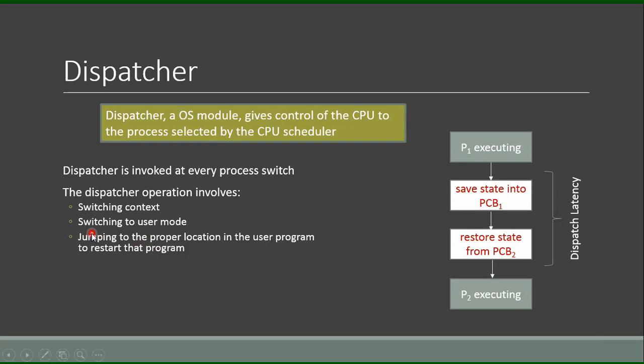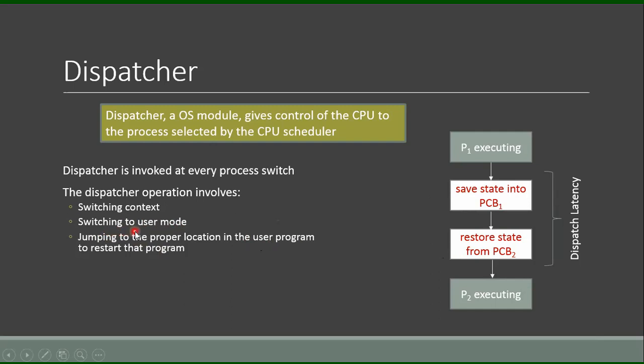The next operation that the dispatcher performs is to switch to user mode, because the dispatcher works in the operating system mode or kernel mode. So in order to start executing the user process P2, the operating system must switch to the user mode.